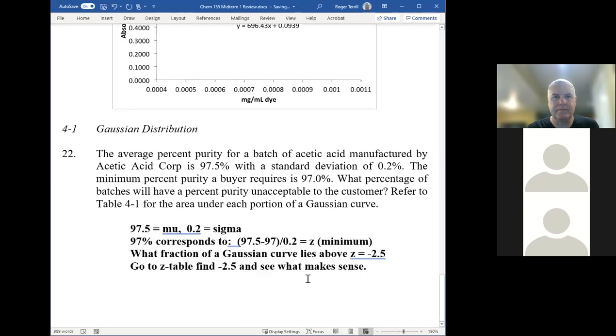So, Dr. Terrell. Yes, Brandon. If we had this kind of question on a quiz, would we only be looking at one end of the Gaussian curve, since I'm sure they wouldn't be unhappy with a higher purity? Right, exactly right. And the purity here can go to like 200%.